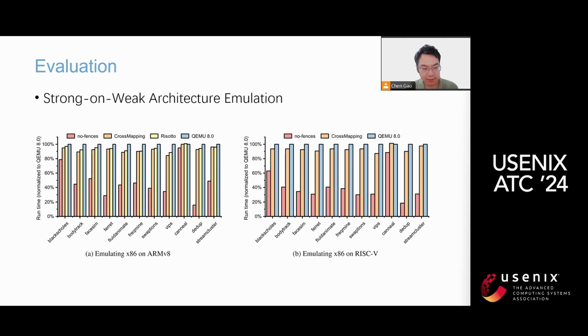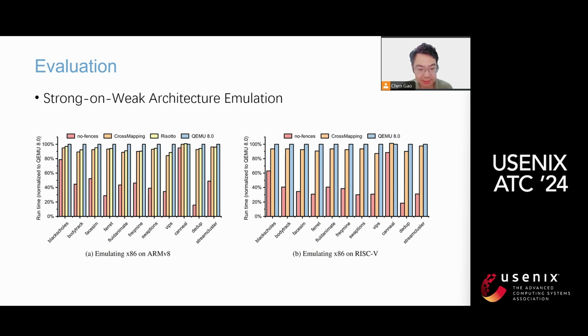For x86 to RISC-V, they reach up to 81%, averaging 59%. These results indicate the necessity of reducing fence insertion while ensuring program correctness in strong on weak architecture emulation.